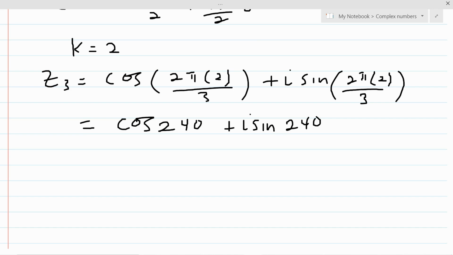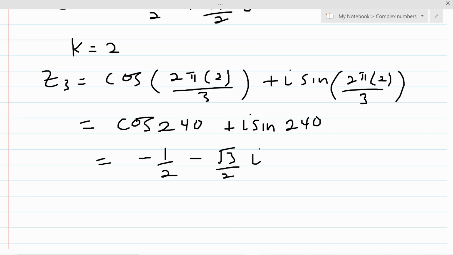Yes, they are the same, just that this time it is negative as well, so this will give me negative half. Cos 60 is the same as cos 240, just in the opposite direction, so it becomes negative. Then sine 240 is also the same as sine 60, but it will give me a negative answer. So negative square root of 3 over 2 i.